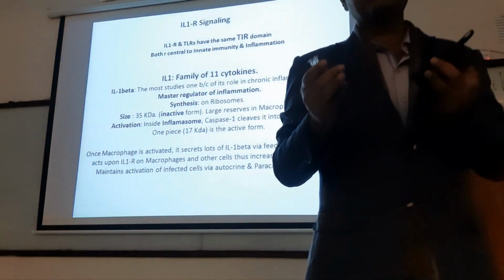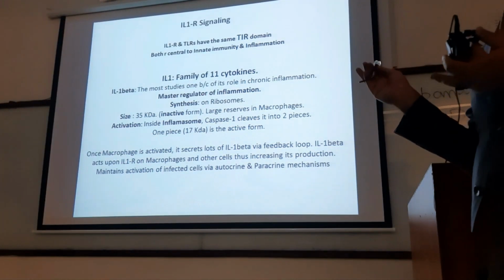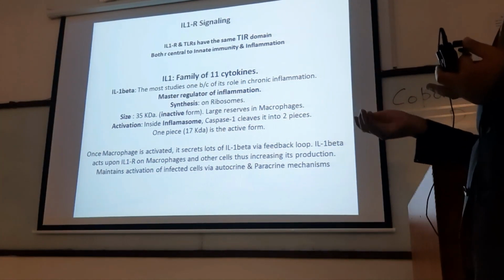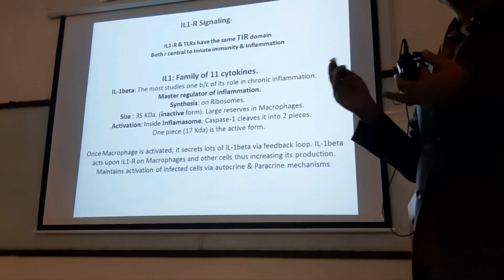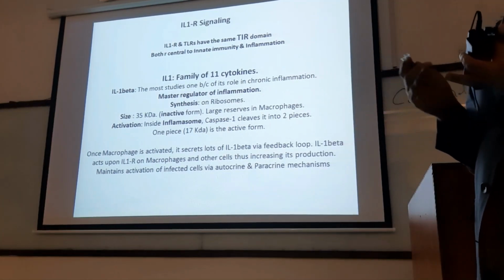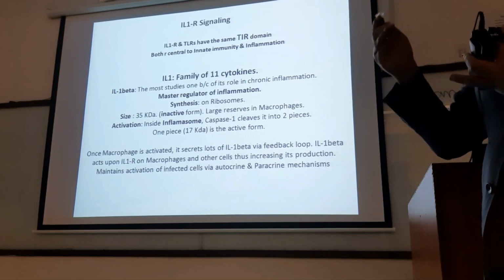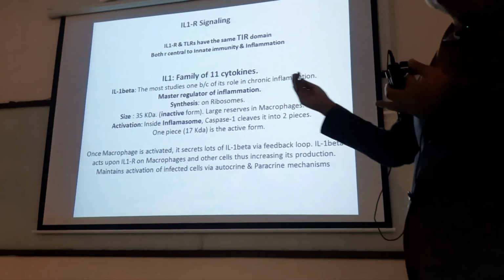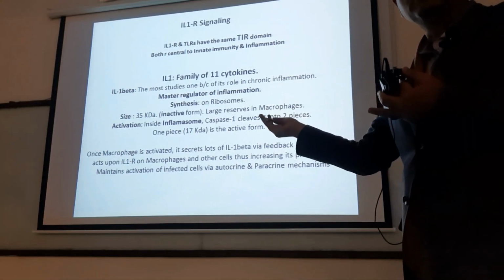Why are such large amounts synthesized inside the macrophage? Because the macrophage is the main cell which is going to start the process of inflammation. It has to set the alarm for this process of inflammation. It is going to invite all other cells, as you saw.